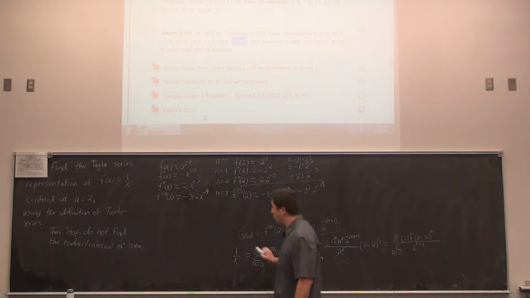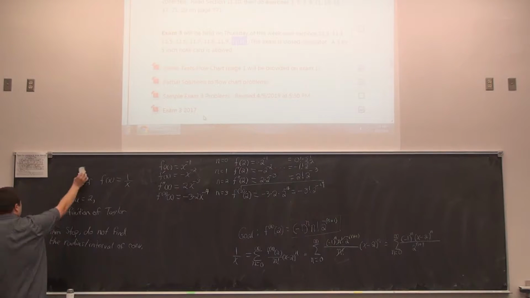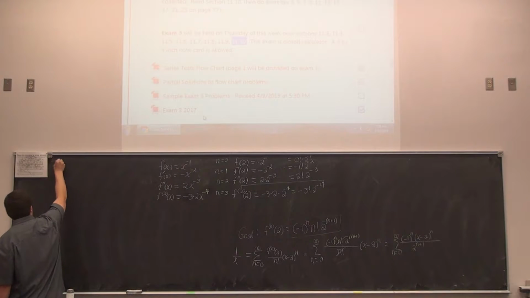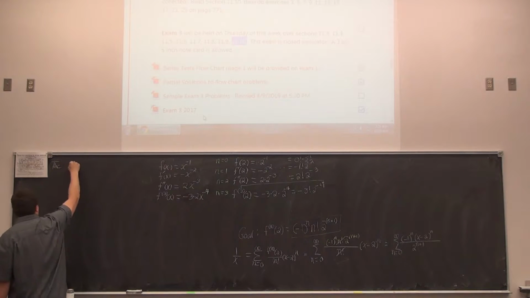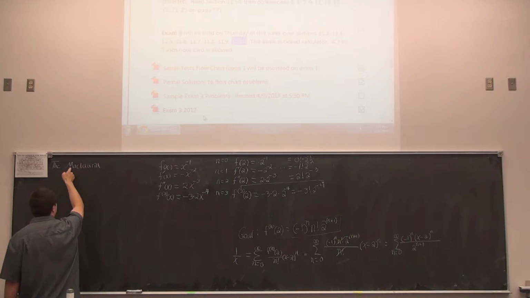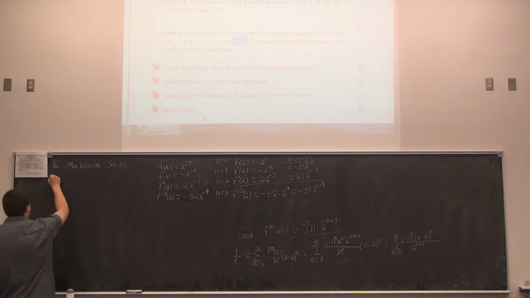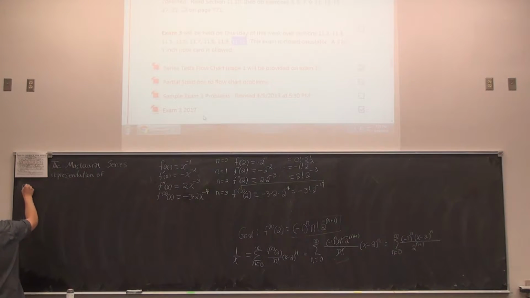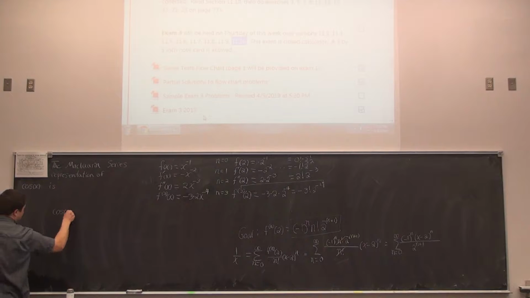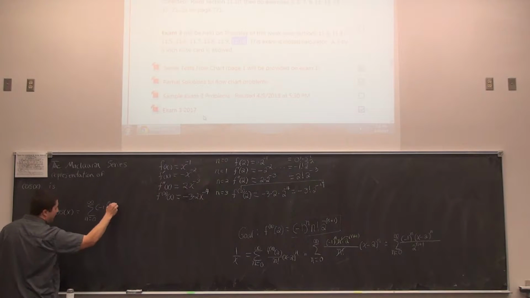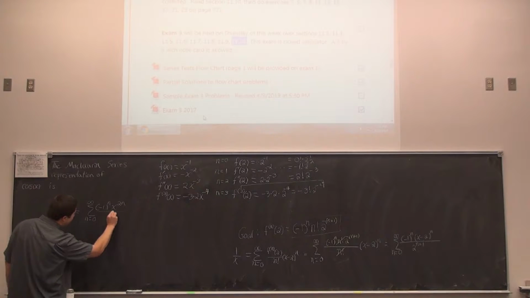Okay, so this is how a second problem could work. It's going to start off by saying the Maclaurin series representation of cosine of x is cosine of x equals the summation as n goes from 0 to infinity of negative 1 to the power of n, x to the power of 2n, since cosine is an even function.